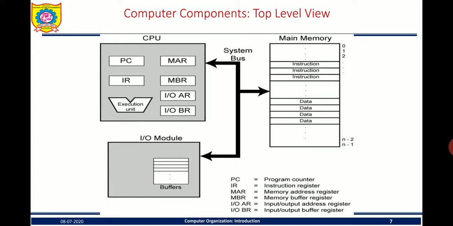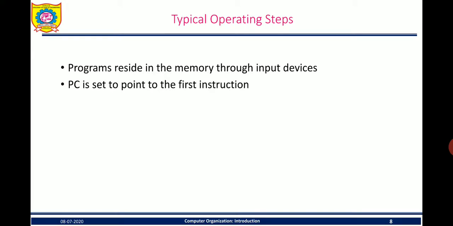Whenever any instruction is in execution, the program counter will be incremented to the next instruction. It will fetch the next instruction to be executed, and whatever instruction is to be executed is stored in the IR, that is the instruction register. PC is set to point to the first instruction which is to be executed.